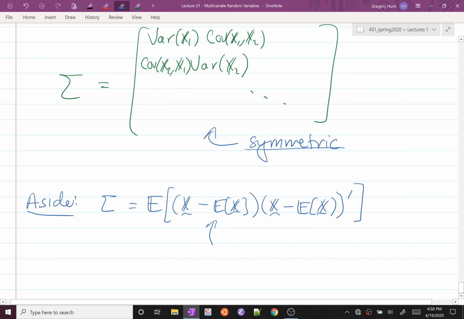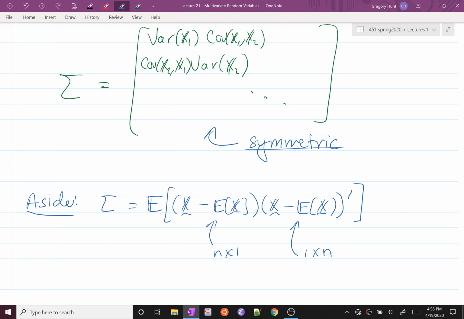So this is an n by 1 vector, and this is a 1 by n vector, and so the whole thing will be an n by n matrix. The expected value is taken element-wise on the matrix.